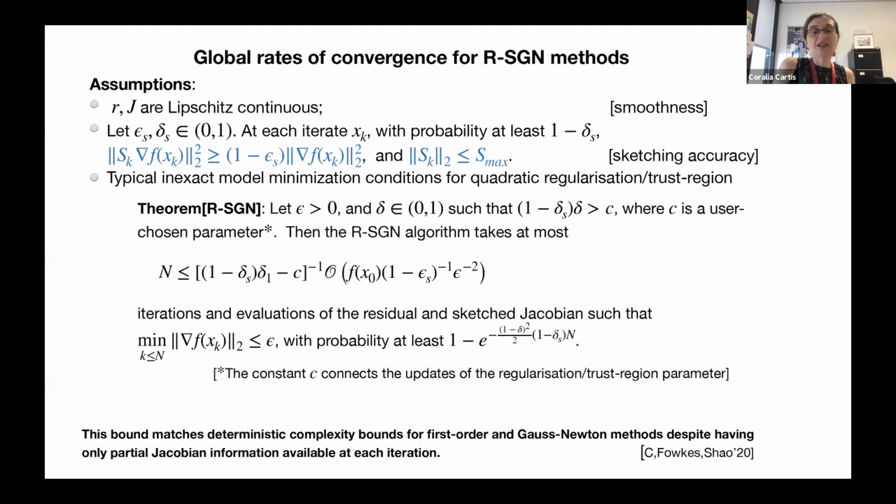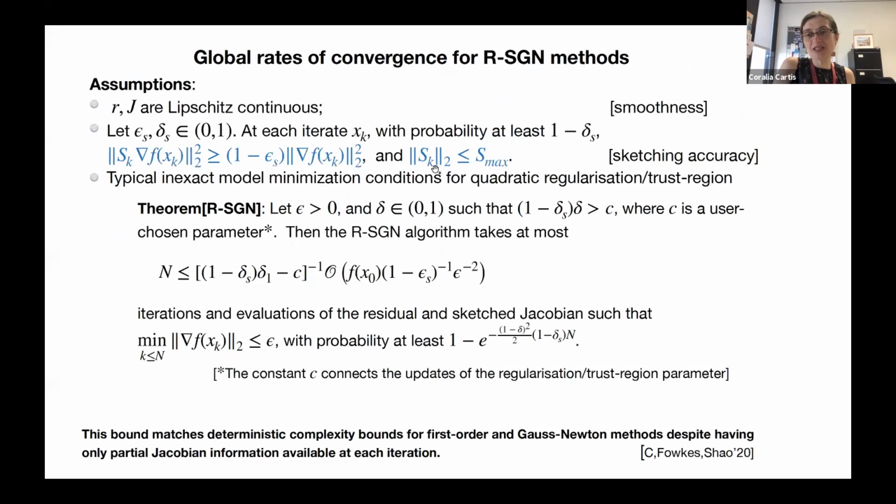Okay, so in this case, because I have accurate function values, we need far weaker requirements on the sketch. So all we need is that the length of the sketched reduced gradient is bounded below by a multiple of the true gradient.